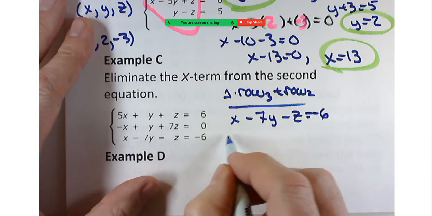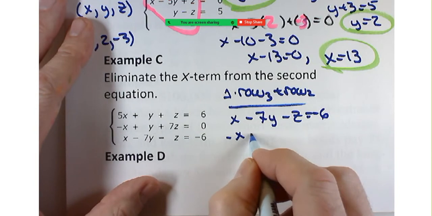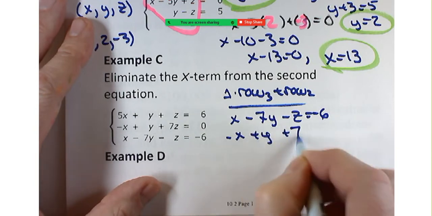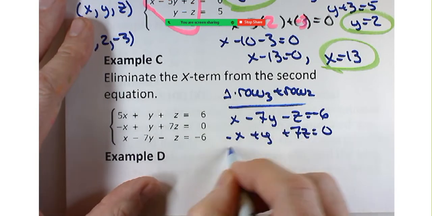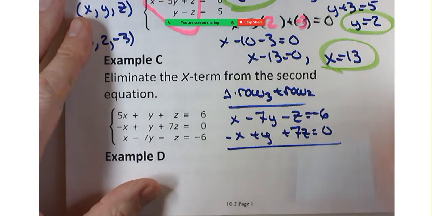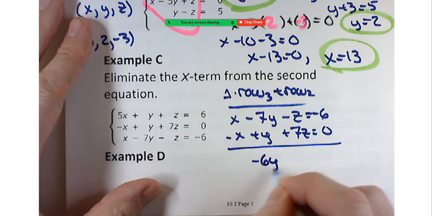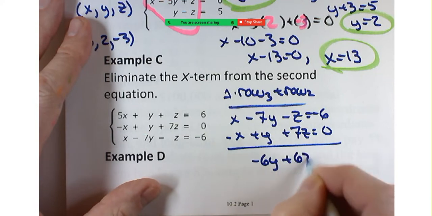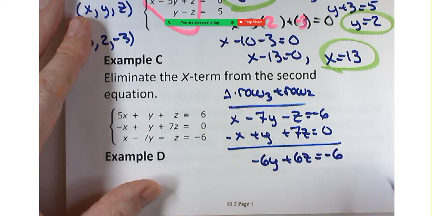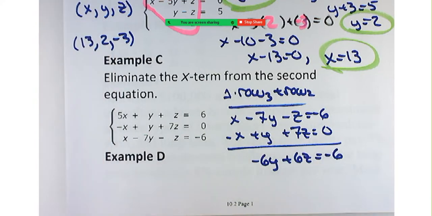And then add to row 2. And I end up with -6y plus 6z equals -6. Hey, that's all you're asked to do.